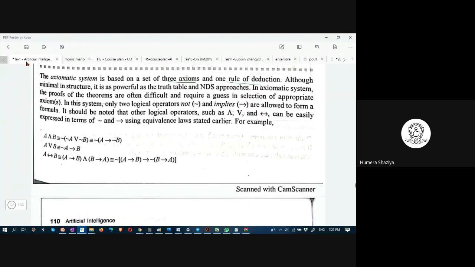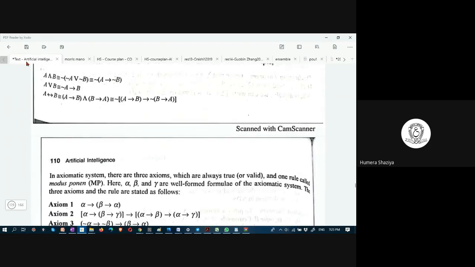And what are they? Well, here A and B is logically equivalent to whole not A or not B, which is logically equivalent to whole not A implies not B. Actually wait, these are not axioms. Axioms are here.